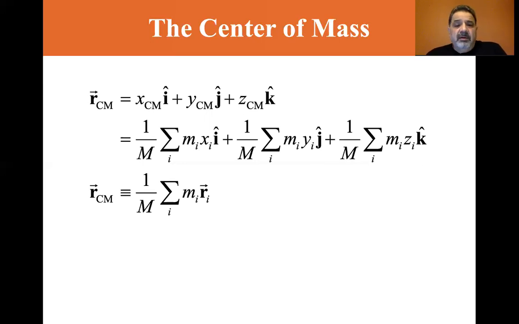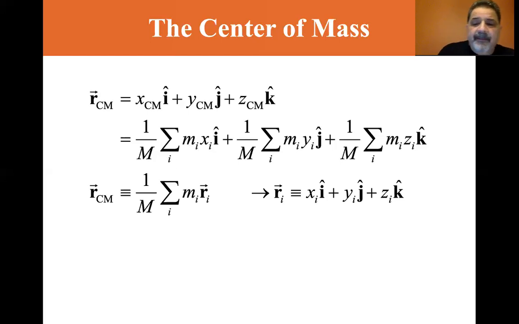So the R center of mass is equal to 1 over M times the sum of mi ri. Okay, and so ri is equal to xi i hat plus yi j hat plus zi k hat.